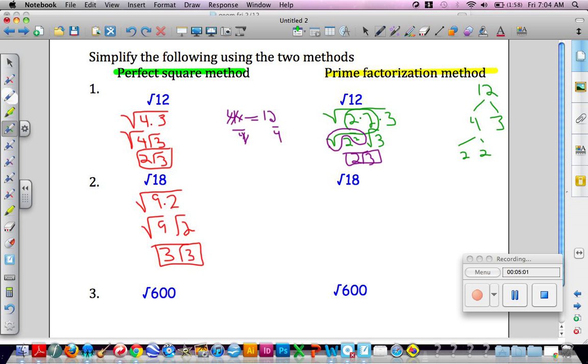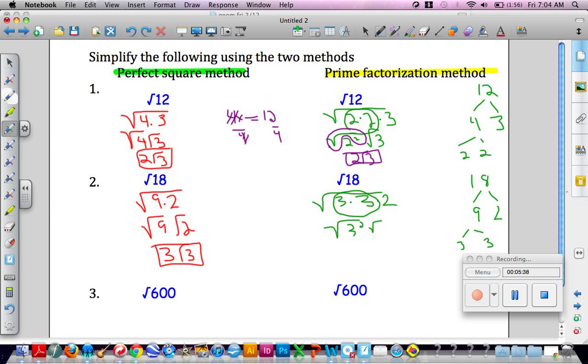All right, let's try this one with the prime factorization. 18. 18 is 9 times 2. Now, as you're looking, you're going, well, this is kind of the same thing. I agree 100% with you on that. Just two different methods to do it. All right, write everything underneath the radical. You've got 3 times 3 times 2. 3 times 3 is 3 squared. Write that underneath the radical.